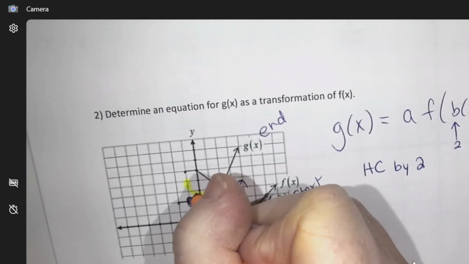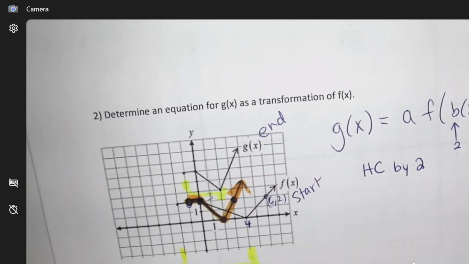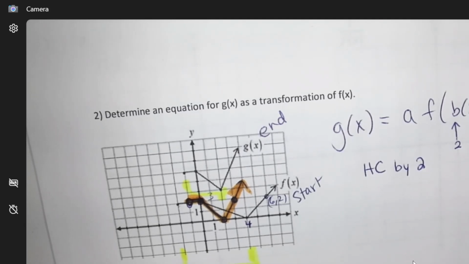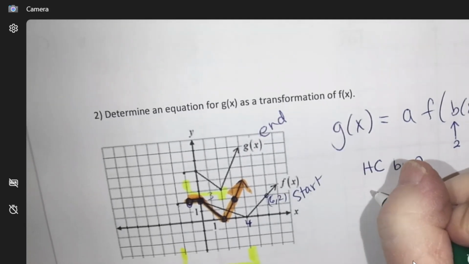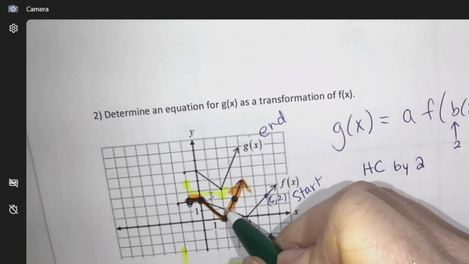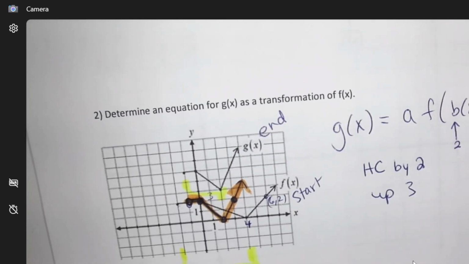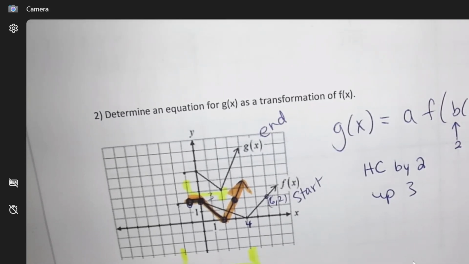Now I would like you to put your eyes onto this graph after we've compressed it. Is there anything else we have to do to it? We would have to move it up. 1, 2, 3 up. And then we're done, right? We've matched it.